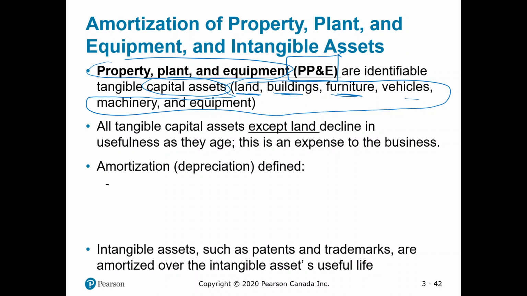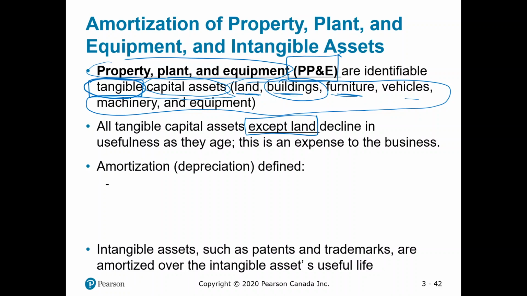It also says here that these are tangible items. And tangible means you can see them and touch them. So you can see a building, you can touch it, and you know what the benefit is from that. Now this next point says that all tangible capital assets, except for land, will decline in usefulness as they age.